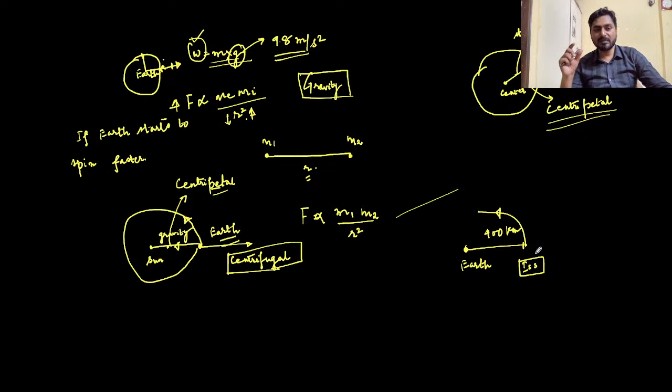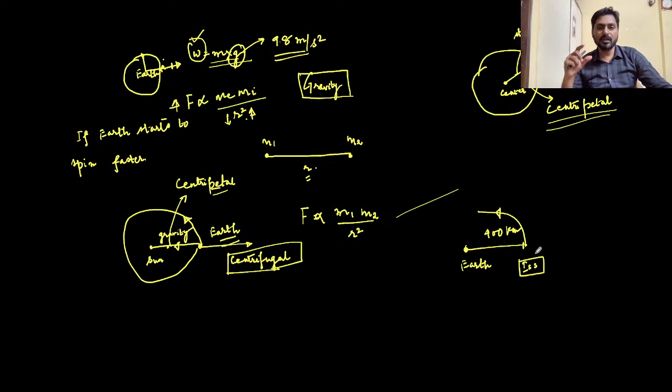It has been placed at an altitude of 400 kilometers from the surface of Earth. Because it is very close to Earth, it circles the Earth every 90 minutes.